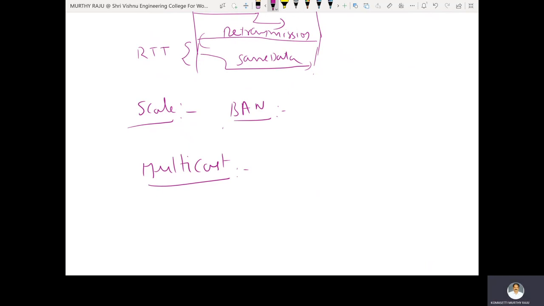A message is sent from one person to a group of persons. The same message is sent from one person to a group of persons. Another example is TV transmission. The TV9 station generates the same information and it is sent to a group of people. That is called multicasting.